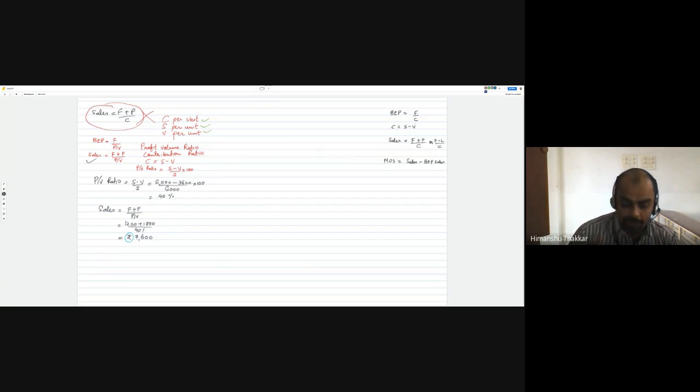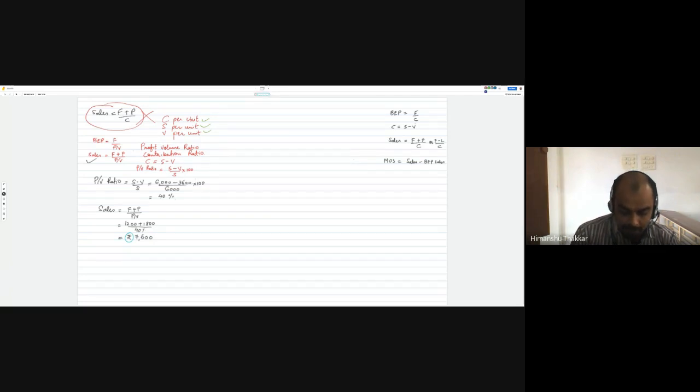By the first formula that we did for break even point, that is F upon C, you get the answer always in units. That formula is useful only and only when you have per unit data available. If you don't have per unit data available, and you are given the lump sum amounts of variable cost and sales, then you need to go with this PV ratio formula. Understood? Contribution ratio or PV ratio.